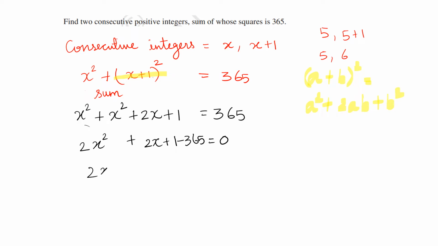So 2x square plus 2x minus 364 equal to 0.